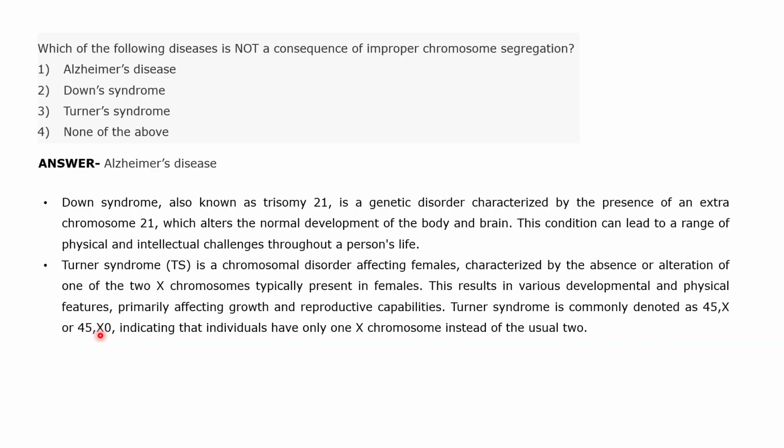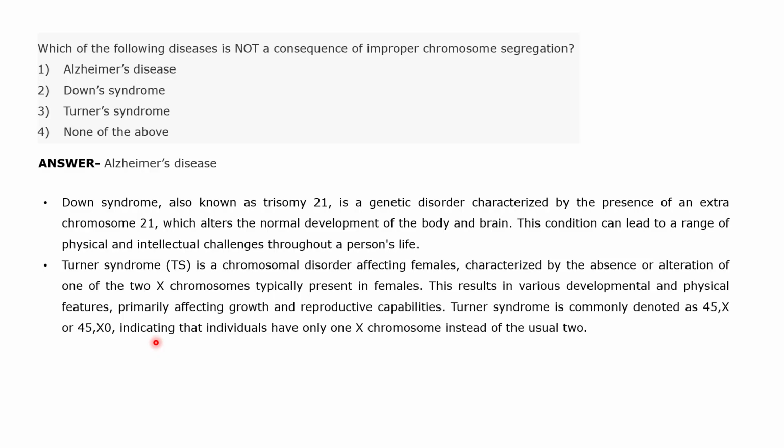Other chromosomes get disjoined properly, but this sex chromosome is absent in that cell, so it cannot be separated into two other haploid cells. That leads to Turner syndrome, with 45 somatic chromosomes plus only one copy of the sex chromosome, which is detected as 45,X or 45,XO or X0.